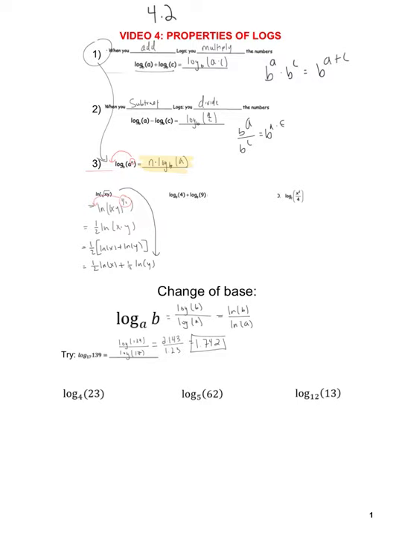I'm going to do this one by switching it to the natural log of 23 divided by the natural log of 4. One thing to keep in mind while I'm doing this calculation is that the biggest mistake I see with these is switching the order, switching the numerator and denominator.